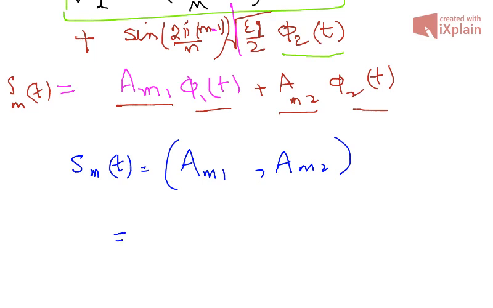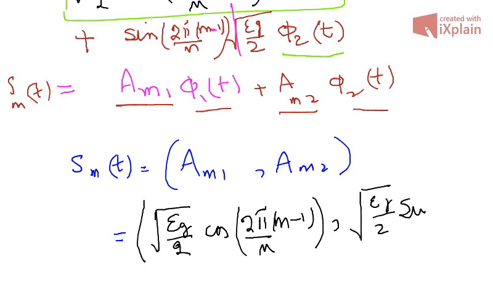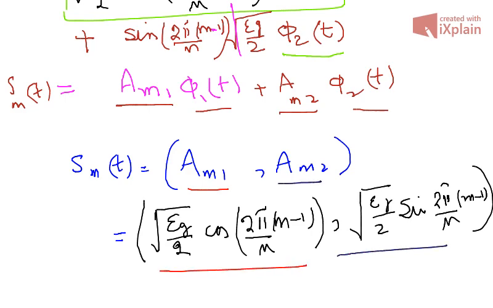You are familiar with these coordinates, as we just saw: this is under root Eg over 2 cos of 2 pi (m minus 1) over capital M, and this is under root Eg over 2 sine of 2 pi (m minus 1) over capital M. So your A_m1 is this one, and A_m2 is this one.